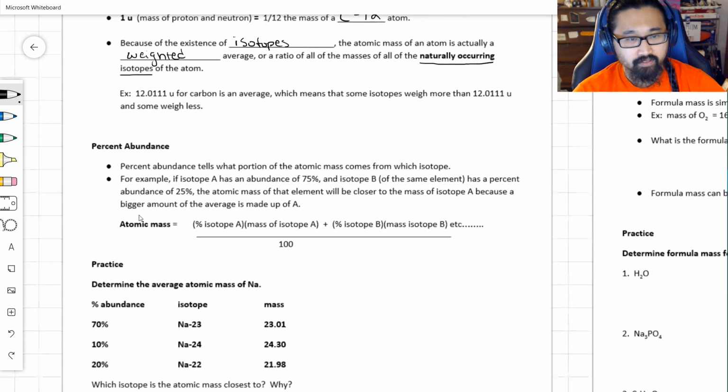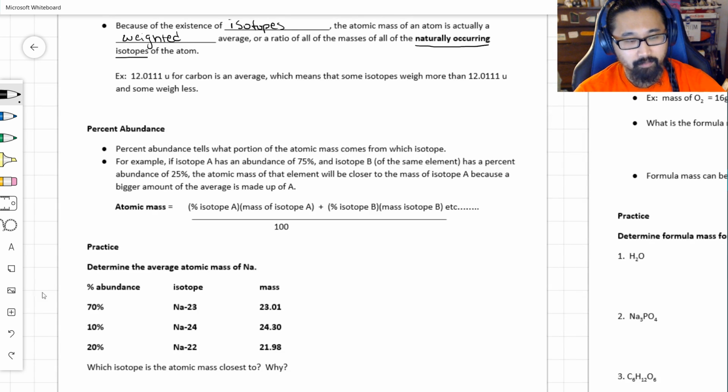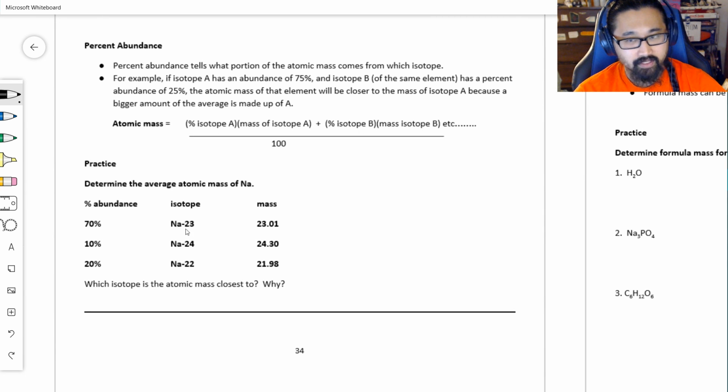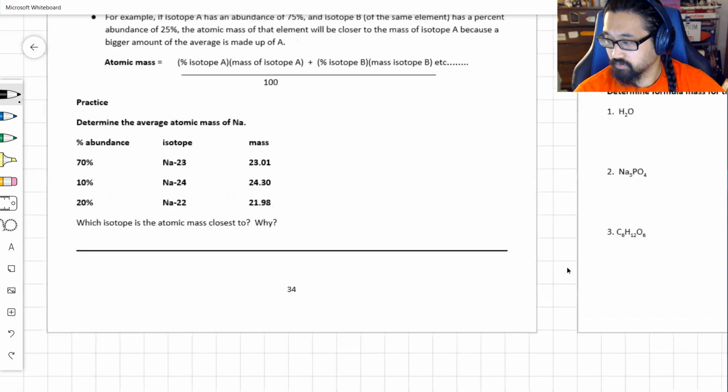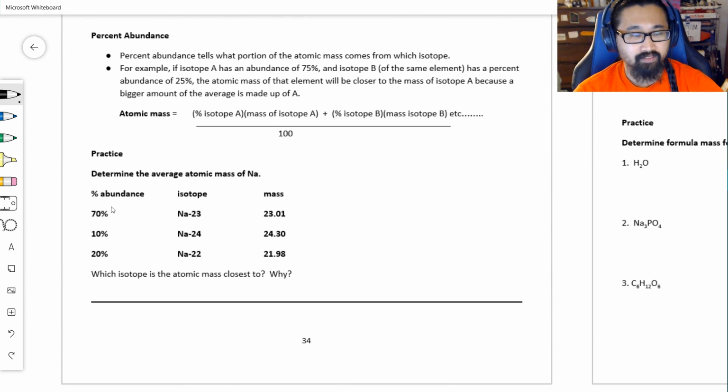So looking at the example, the abundance of the isotope sodium-23, Na-23, is 70%. 70% of naturally occurring sodium is sodium-23. 10% is sodium-24, 20% is sodium-22.